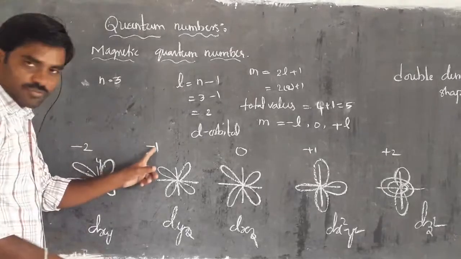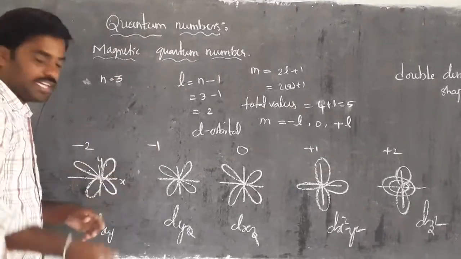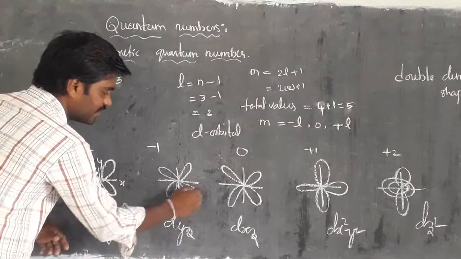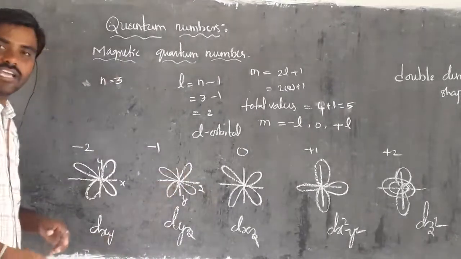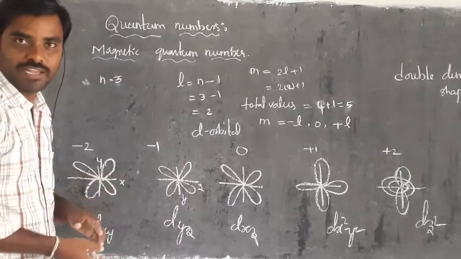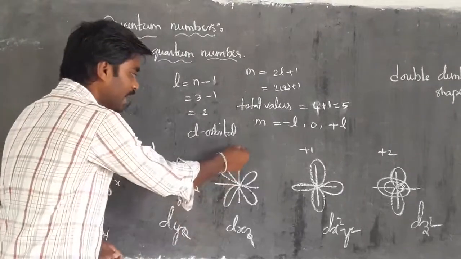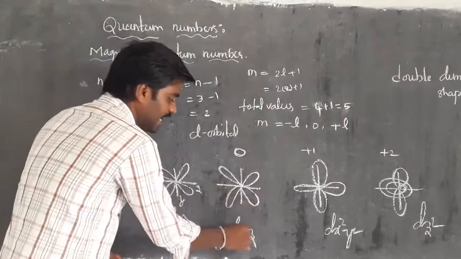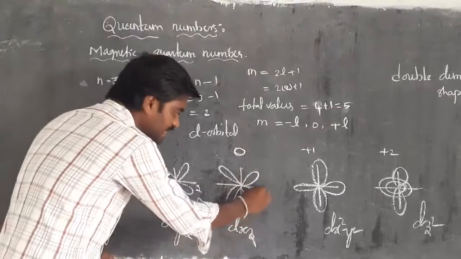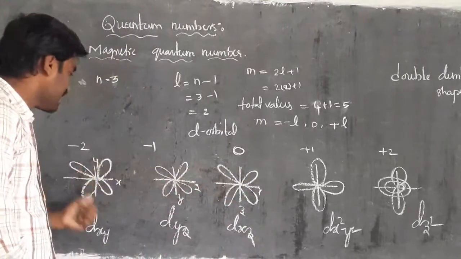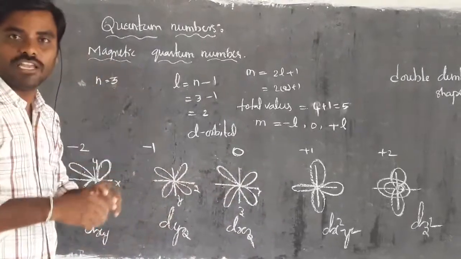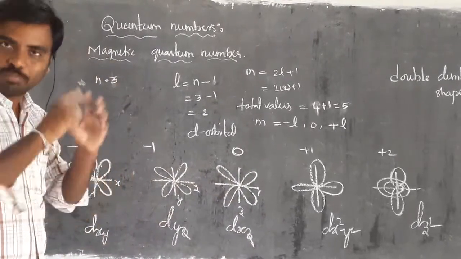If you take minus 1, it is yz, that is the yz plane. If you take m value 0, that indicates the xz plane. So the first 3 orbitals are present in their respective planes.